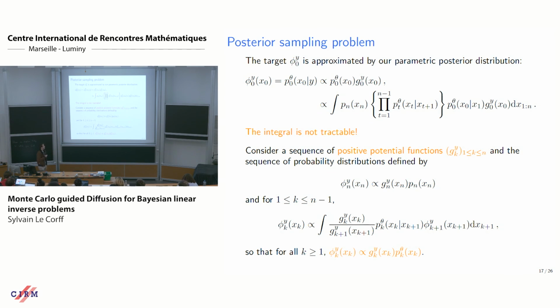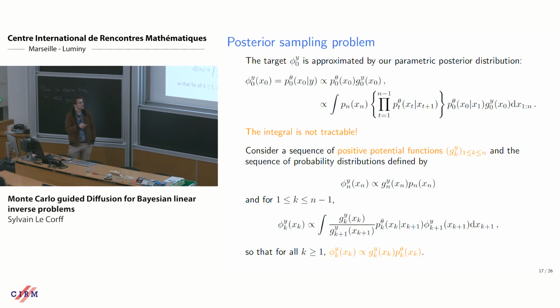What we're going to do is introduce a sequence of potential functions, the Gk, and we're going to build artificial posterior distributions from time n to time 0. So Pn and here pk are just the marginals of our backward process. For Pn it's easy, it's only the multidimensional standard Gaussian.